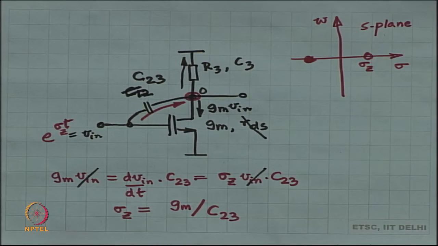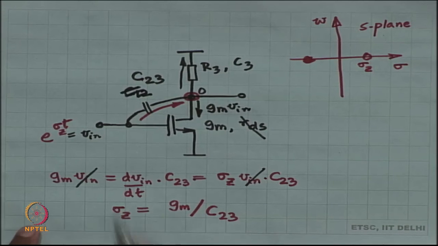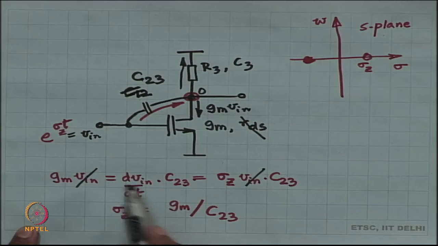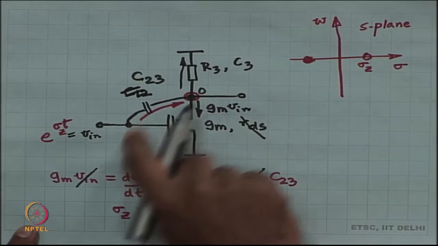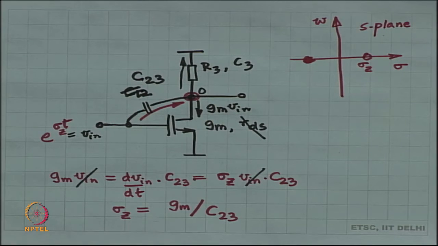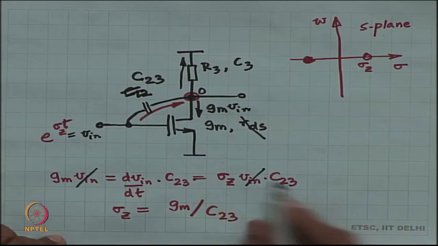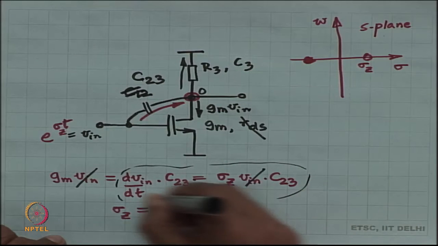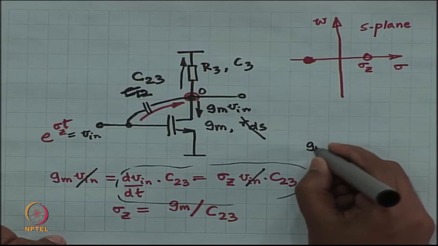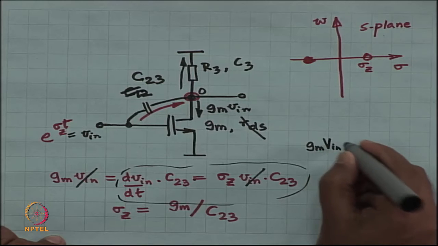Now, supposing this was not a pure capacitor, instead of doing this time domain calculation, we could also have written it as G m times V in is equal to V in times S C 23, where S is implied to be equal to sigma z.